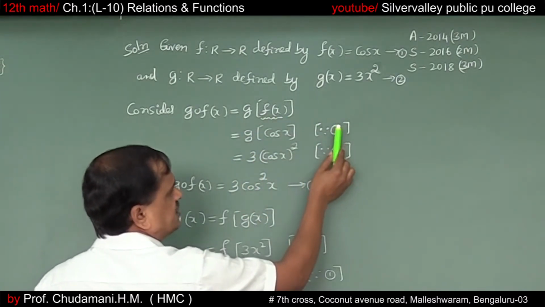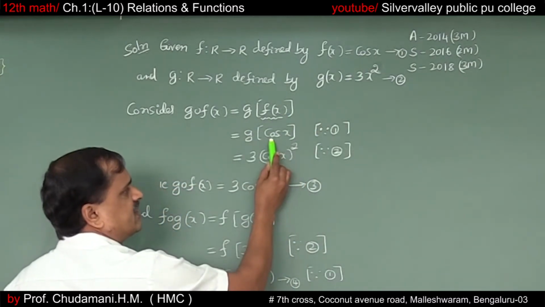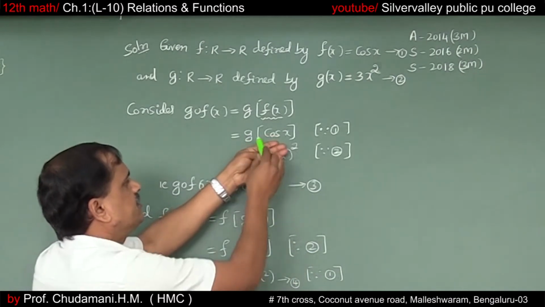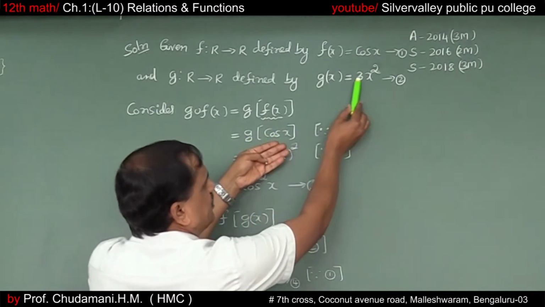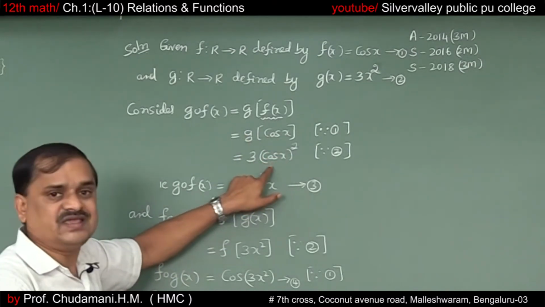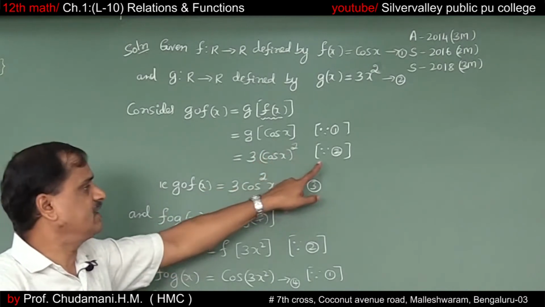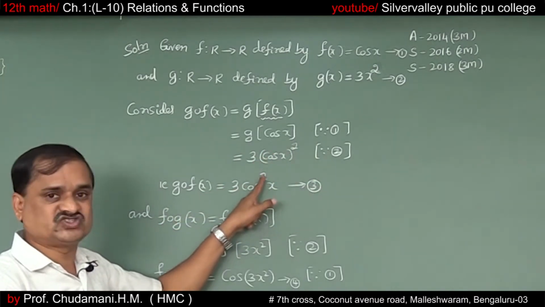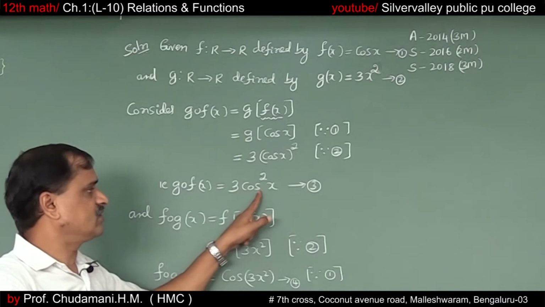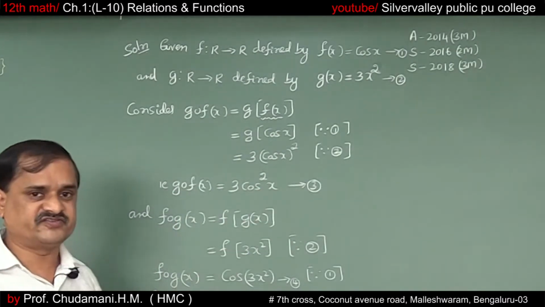From equation 1, f of x is cos x. Now this is of the form g of x. G of x means what? 3x square. G of cos x means 3 into cos x the whole square. Cos x whole square can be written as cos square x. 3 times cos square x. So that is GOF of x. Let me name this as 3.